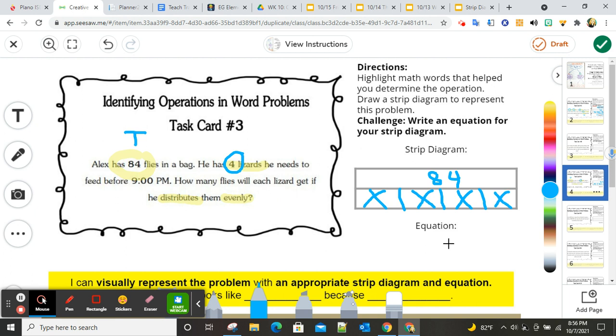So now it's time for us to write our equation. We can start by just writing in an equal sign, and we can put in our total. We know our total. Actually, I want to write my total on this side.